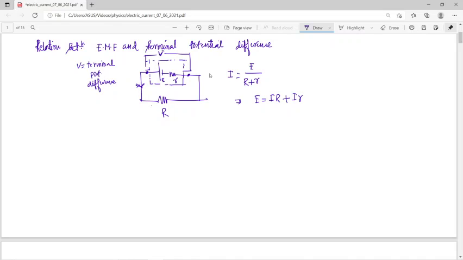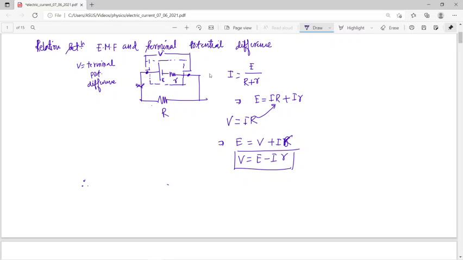So what we can write, the potential difference, V is equal to IR, and if we place this, that means we are just placing V plus Ir instead of E, so V is nothing but E minus Ir. This is a small r. V is equal to E minus Ir, and this shows the terminal potential difference of the cell is less than the EMF of the cell.